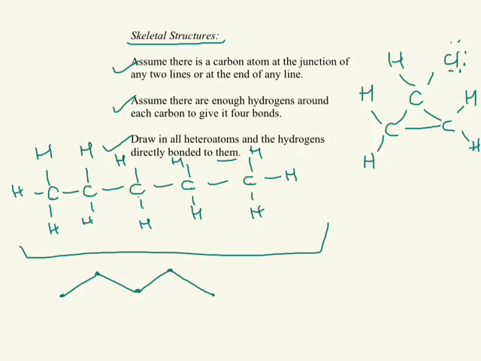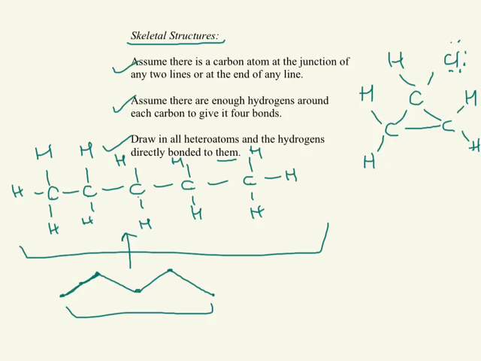If you look at carbon number 2, it is attached to 2 carbons, so this carbon must have 2 hydrogens to make it 4 bonds. So this is the skeletal structure of this compound.